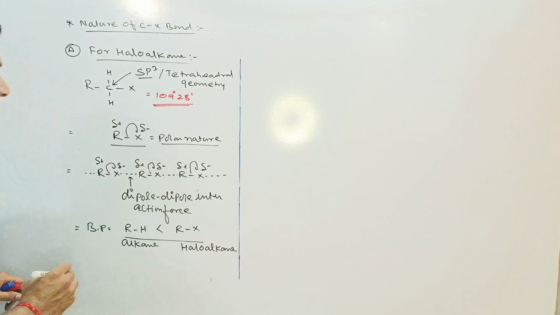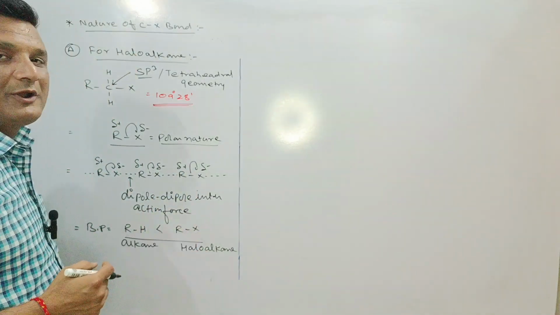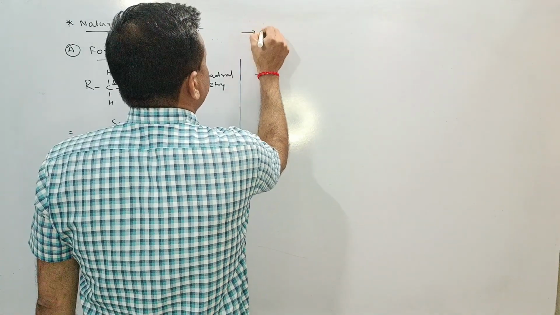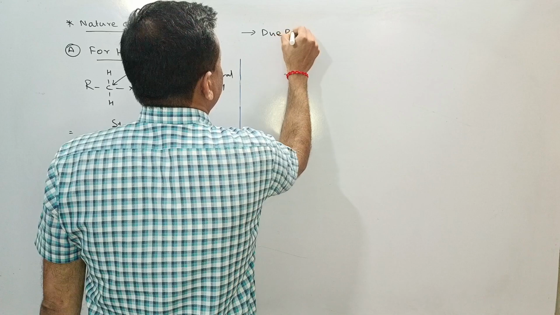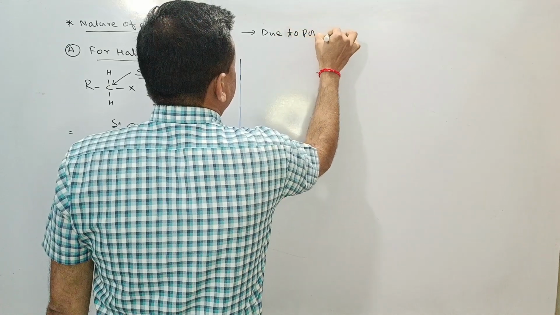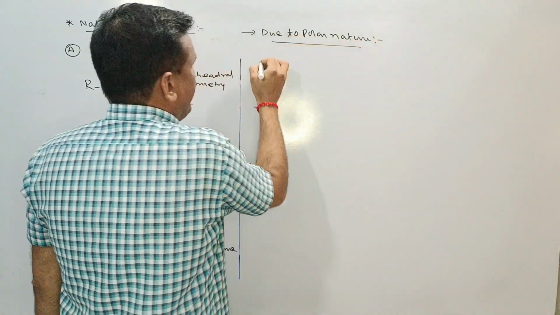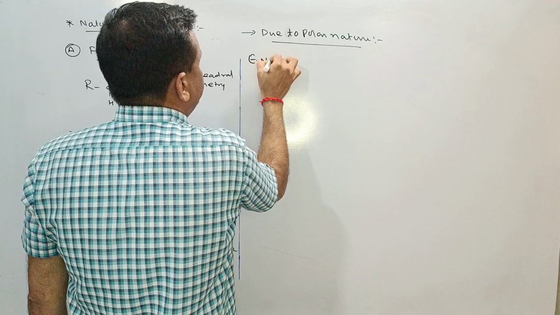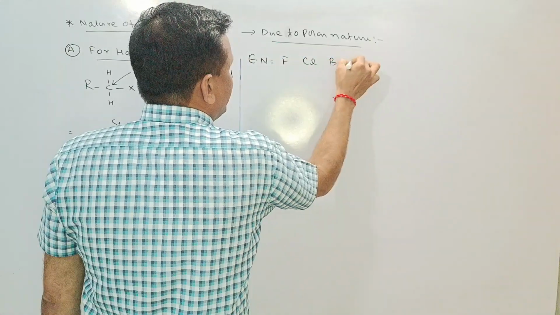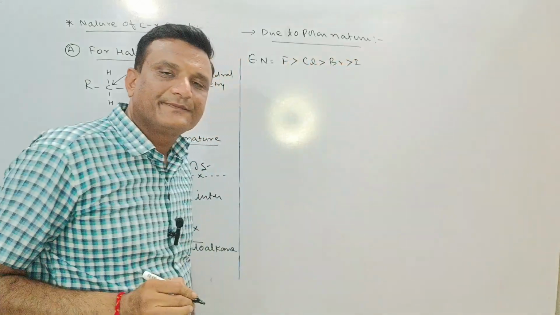Haloalkane. Now it's time to discuss the further properties. Due to polar nature, you all know the sequence of electronegativity of halogens, that is F, Cl, Br and I. Electronegativity in a group decreases.